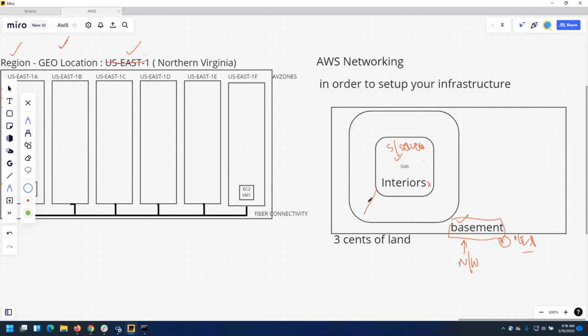So consider your pillars and slabs as your storage and servers, and inside the home, the interiors that we're talking about are all your services, let's say your database service, your app service like Lambda functions, your monitoring services and so on. Let's say today you like Dynatrace as a monitoring tool.